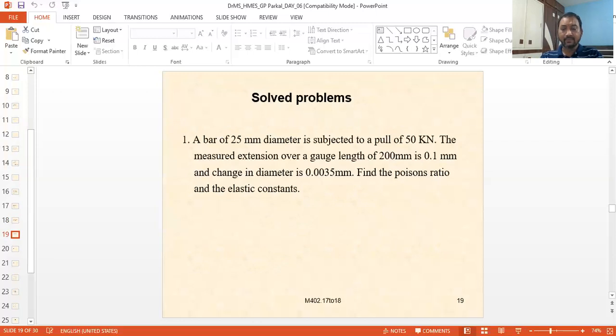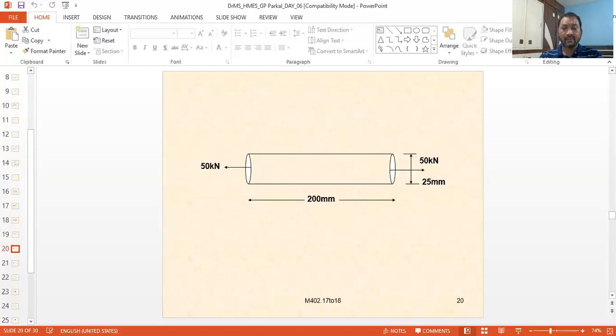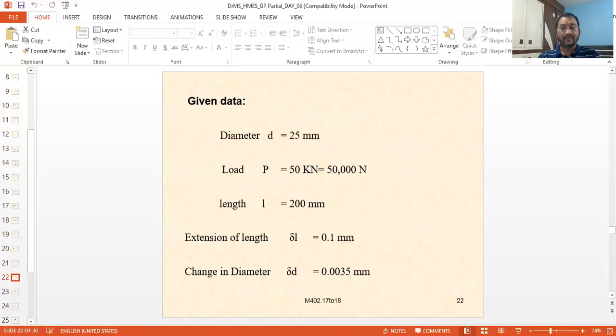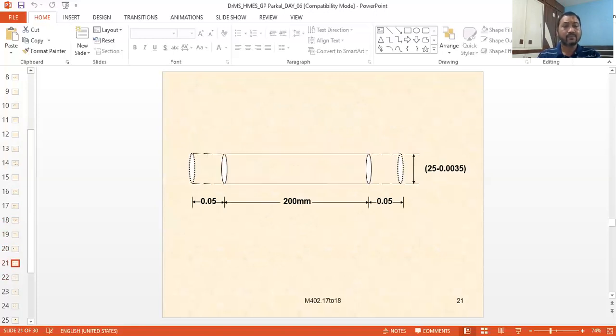So to solve this problem, first of all, we write down the solution with the given data. Here, this is a bar subjected to a force. The initial length is equal to 200 millimeters, and what is the final length?